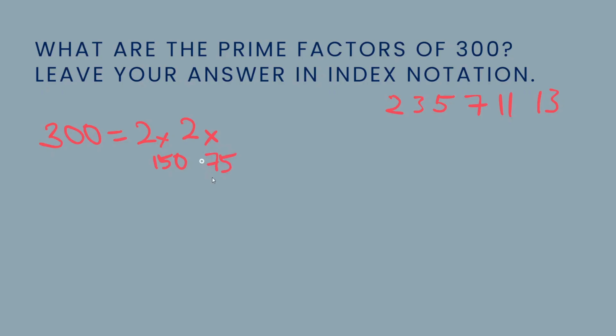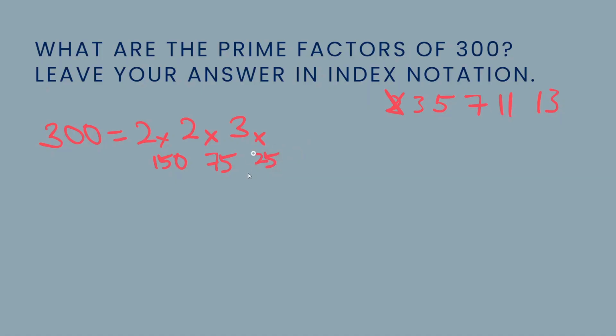Now we try to divide by 2. Can or not? Cannot. What's next? I know you will try to jump to 5 because you see 75. Do not do that. Try divide by 3. Can I divide by 3? Can. We get 25.